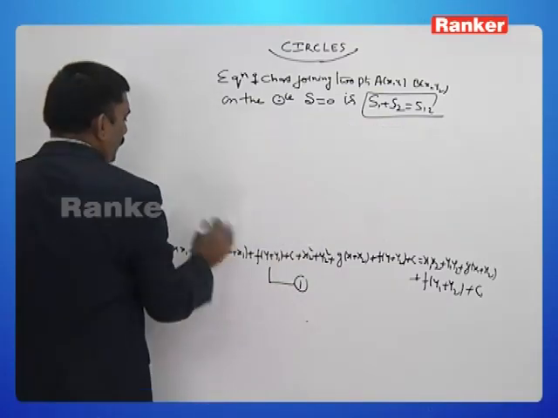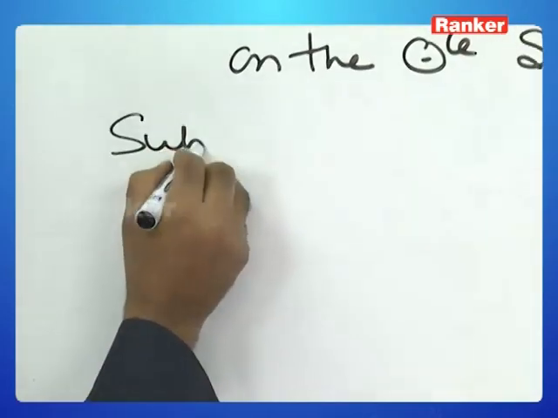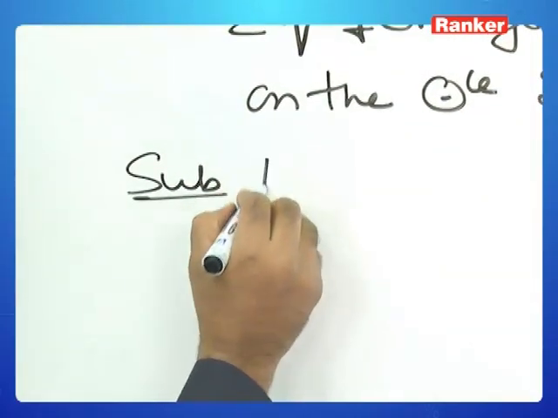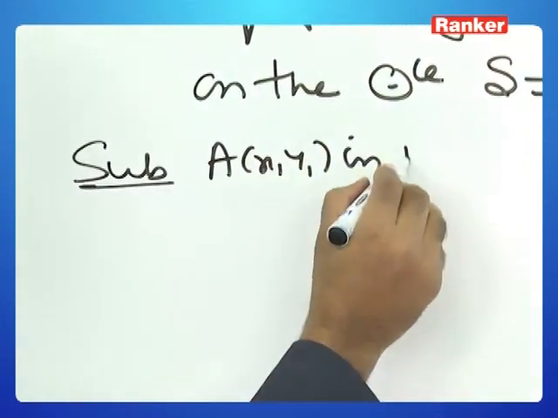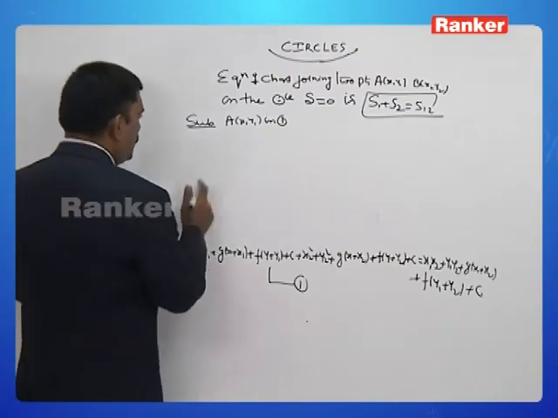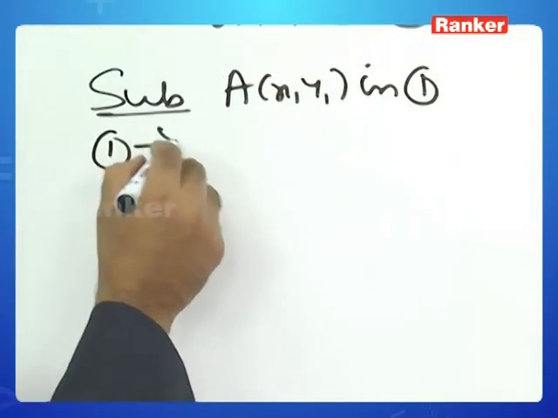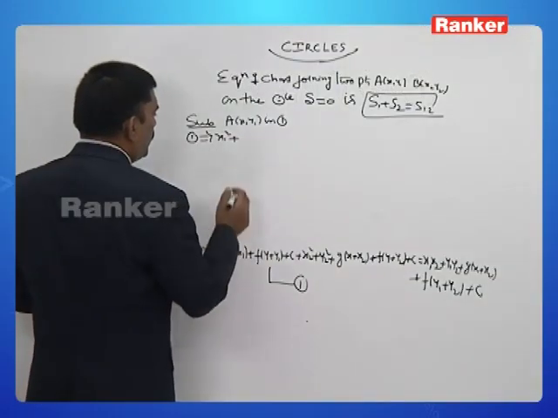Now we can very well observe. Substitute A of x1 comma y1 in 1. In place of x and y, you have to substitute x1, y1.